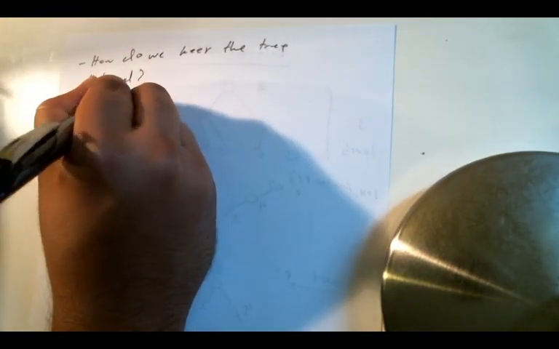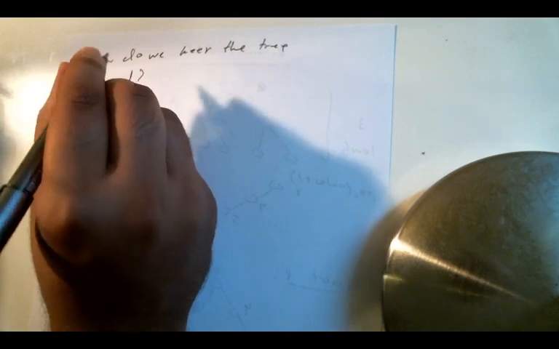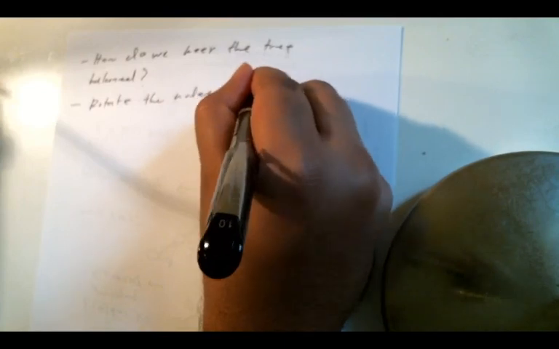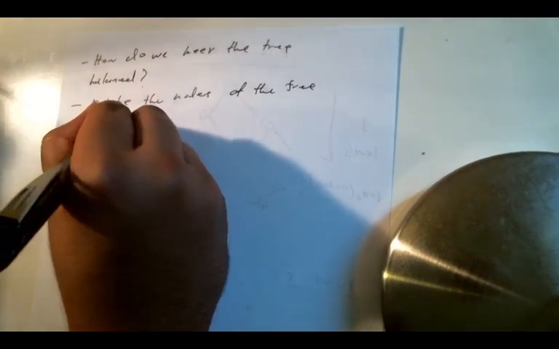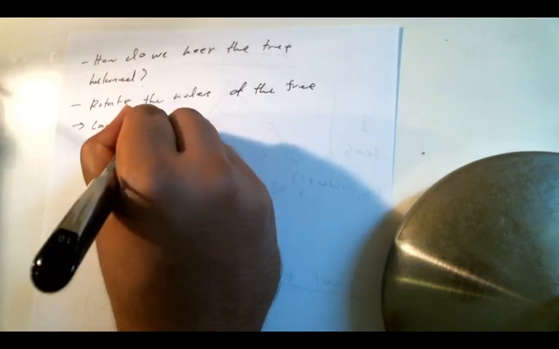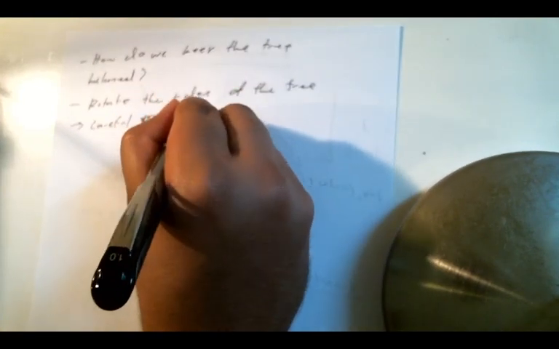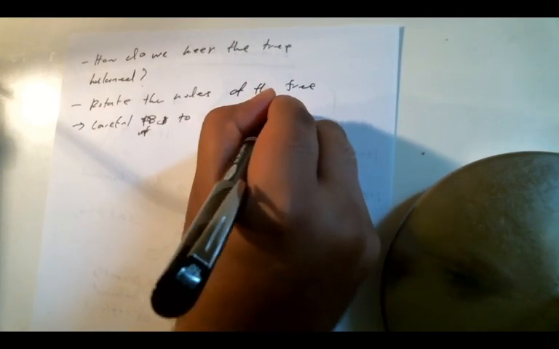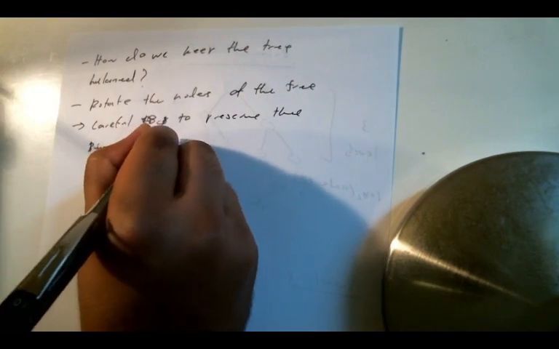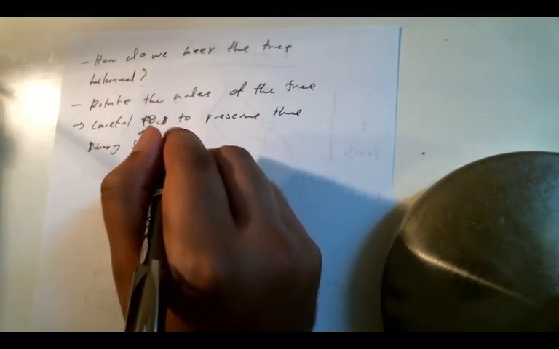So the idea is we rotate the nodes of the tree, careful to preserve the binary search property, which is that everything that's less is to the left, everything that's greater is to the right.